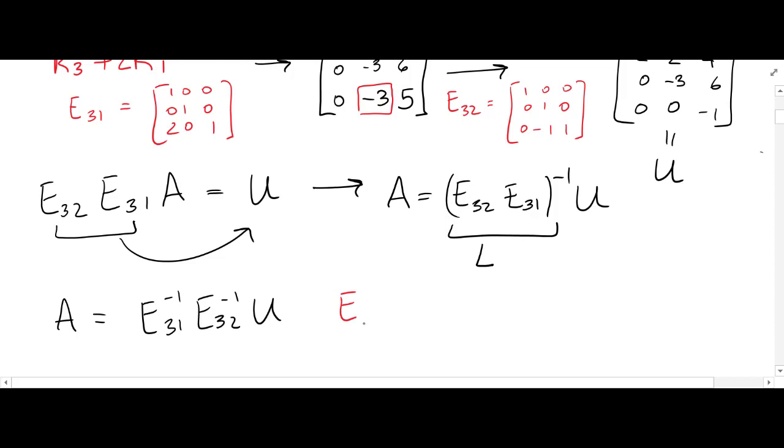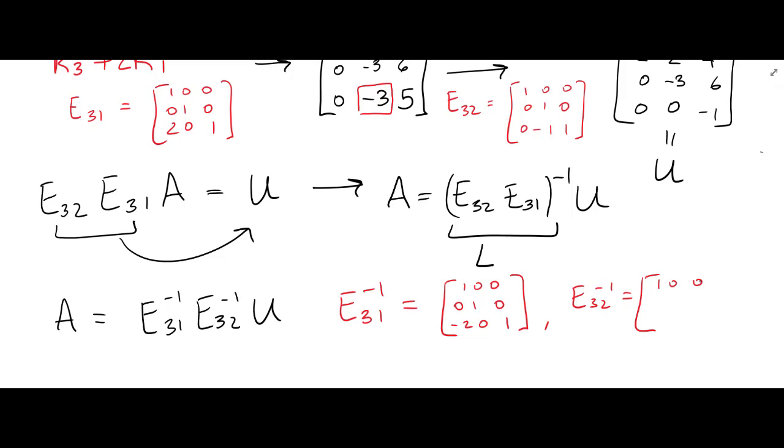If you remember how to find the inverse of an elementary matrix: for E31 inverse, you take the 2 and make it a negative 2. For E32 inverse, you take that negative 1 and make it a positive 1. For an elementary matrix to find its inverse, you just take whatever entry is different from the identity matrix and change the sign.